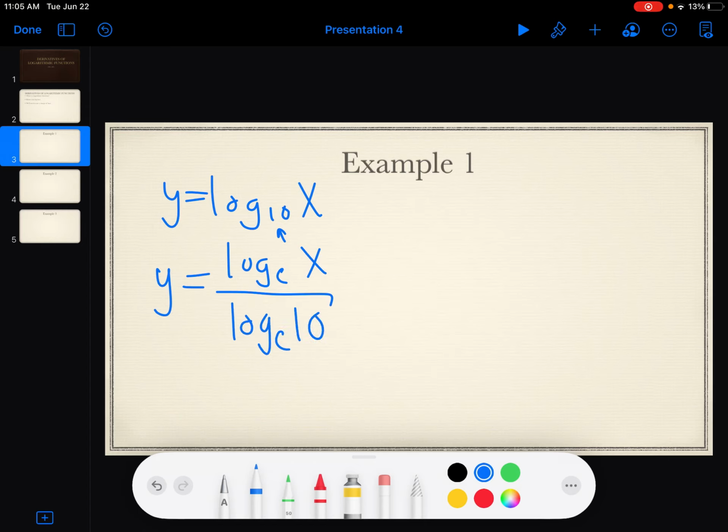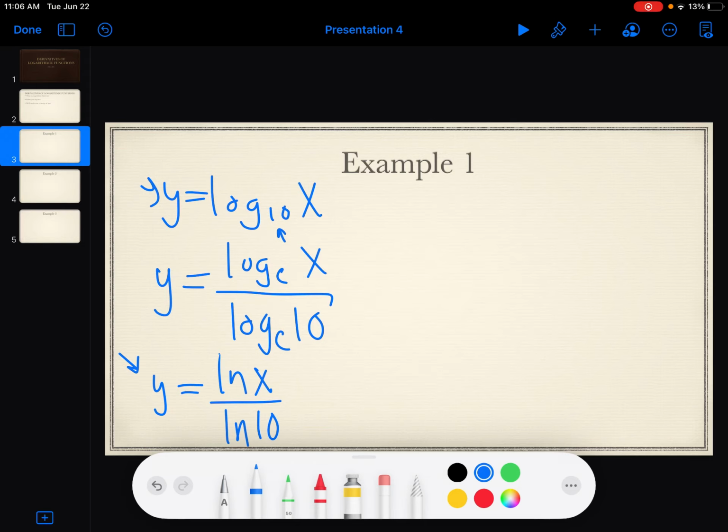This is change of base, and you can look this up in any textbook or on the internet. It's just a basic log law formula on how to change the base. So let's turn this into something more familiar. Log base e is just ln, so this is ln x over ln 10. There we go. We've converted this, and we haven't even taken the derivative yet. All we did was change the log base.